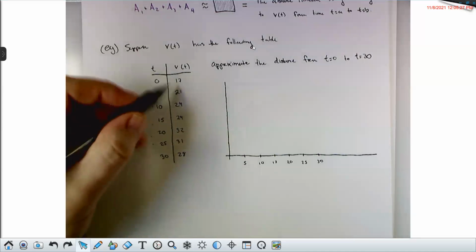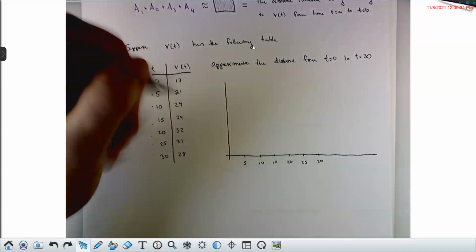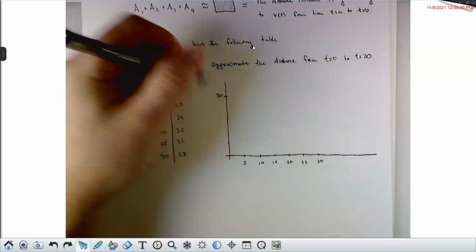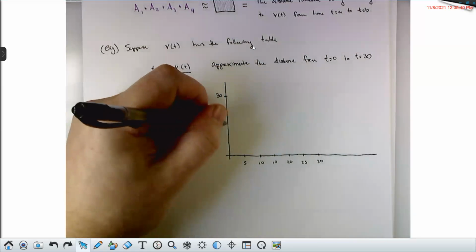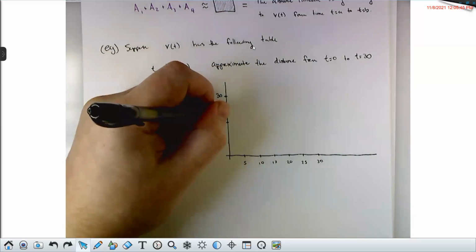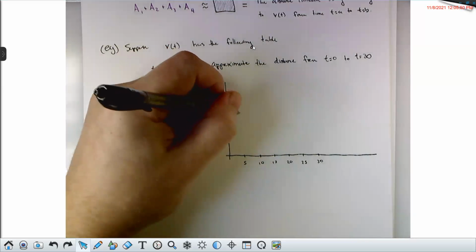And my speeds range from 17 to 20-ish. So let me start with a little over 30. Let me call this 30. Means this would be 15. So we're starting at 0, 17, which is like up here. And then we have 5, 21, which would be like here-ish.